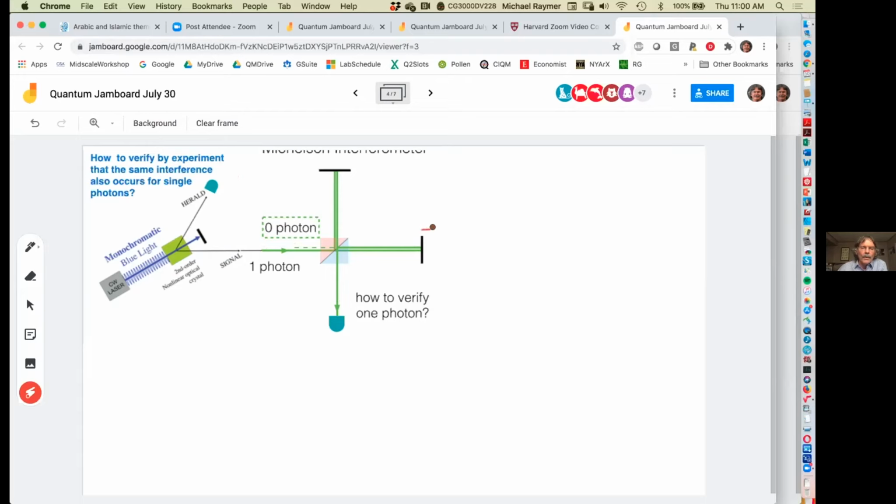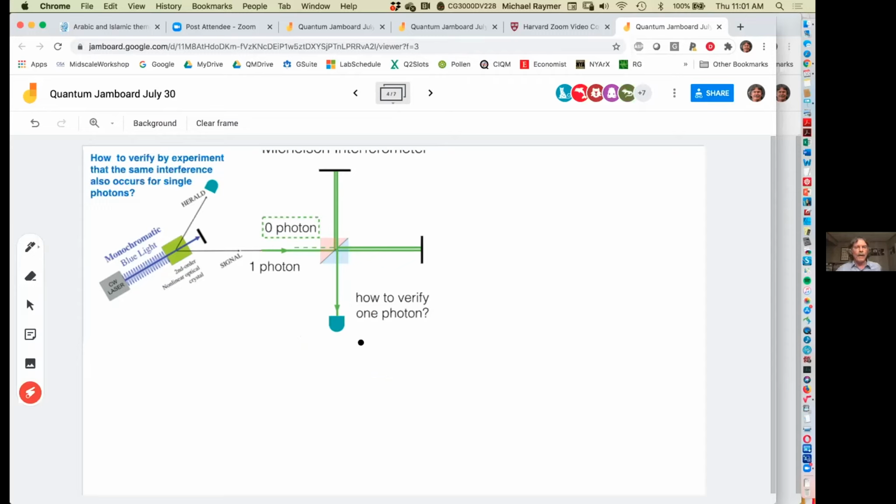Now you're going to move this mirror slightly back and forth, or you're going to put a wedge in here, as Henning does, and move that wedge up and down and change the optical path length in this region. And I should be able to get an oscillating probability in this detector. So that should work, right?